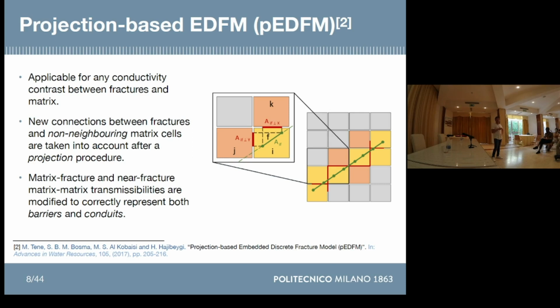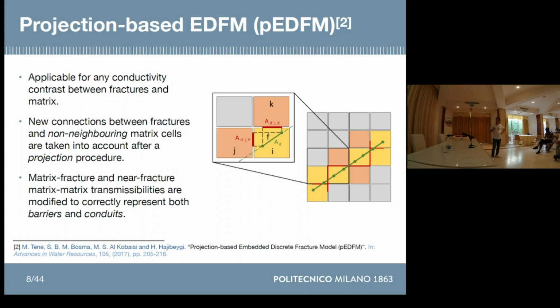New connections between fractures and non-neighboring matrix cells, shown in orange, are taken into account after a projection procedure, where the fracture cells in green create this projection path highlighted in red, and the constraint is that this projection of the fracture should be continuous, so that the path has no holes.